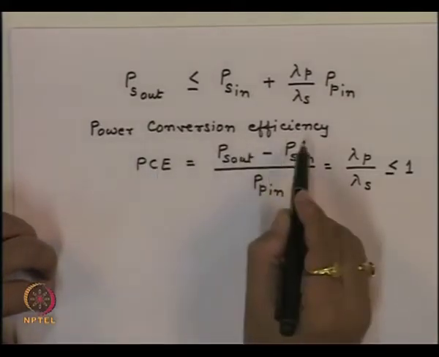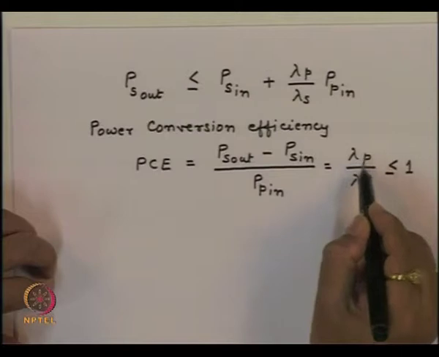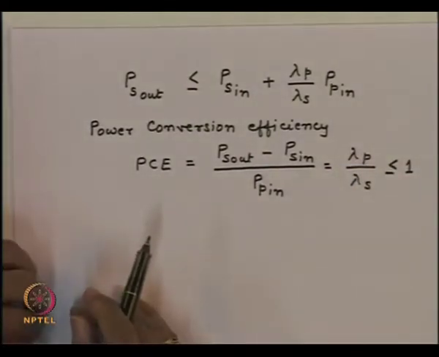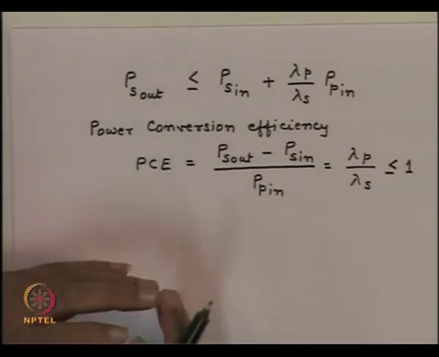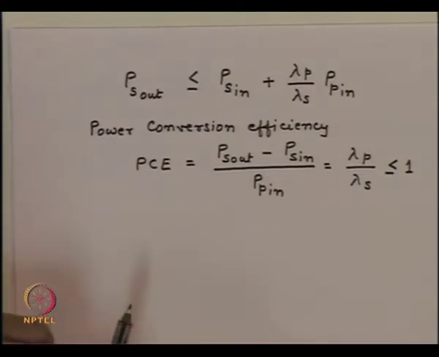Now the power conversion efficiency, since it is a ratio of lambda_P and lambda_S, does not actually tell you the same number as the quantum efficiency, because it depends upon the relative wavelengths which are used.